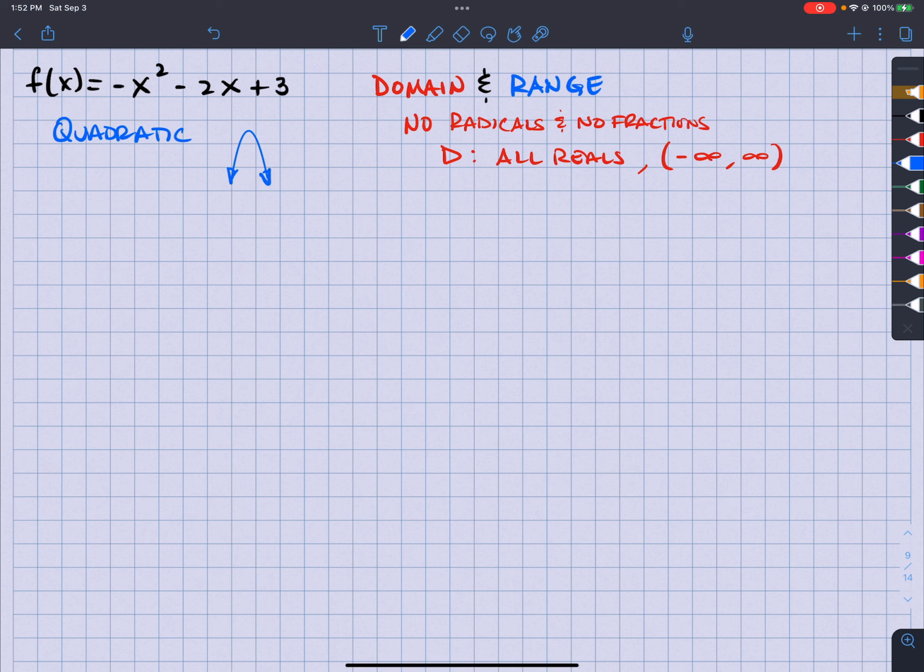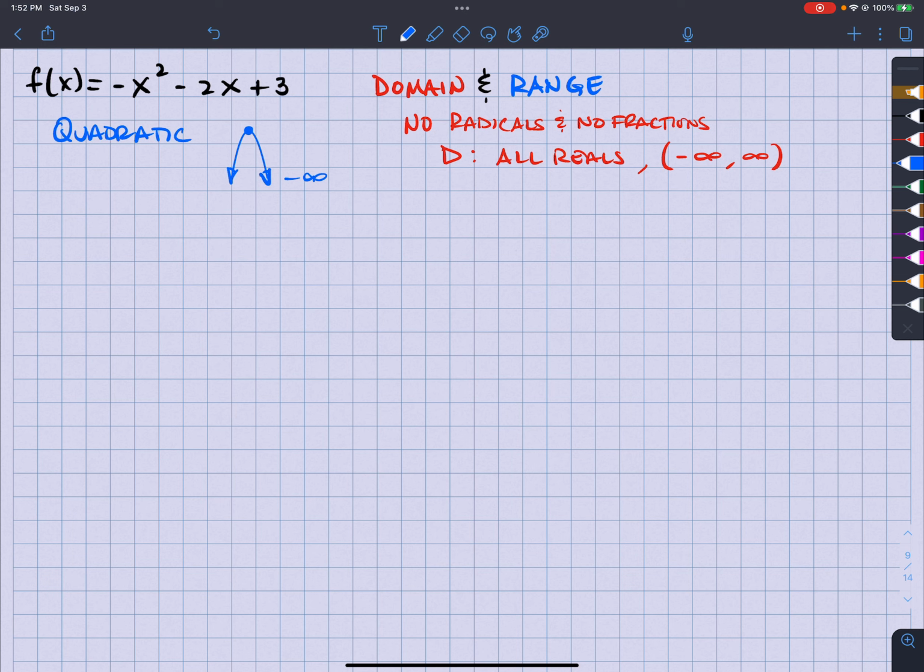Okay, I know it's a frowny face. So that means it has a vertex, which is going to be a maximum, and then it's going to dip back down. So let's find where that vertex is, because if I know what the vertex is, wherever that y value is must be at the highest point, and then everything else is going towards negative infinity. So I know this is going towards negative infinity, but how high does it go?